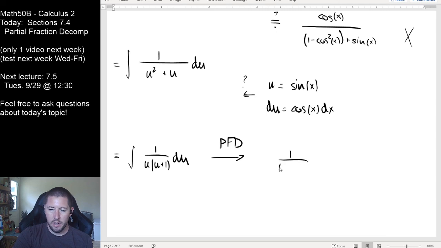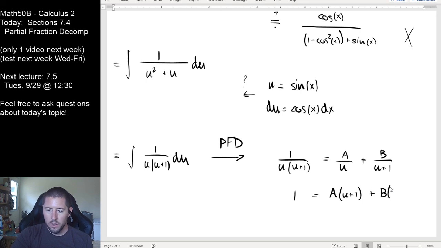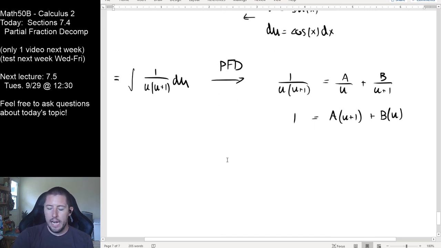Let's see how quickly I can do this one. u times u plus 1. Again, it's still unique linear factors in the denominator down there. I'm going to multiply by the denominator of the left. It should give me u plus 1 as my part for A, and u is my part for B. I now want to group them all up. I'm going to have 0 u's plus 1 on the left.